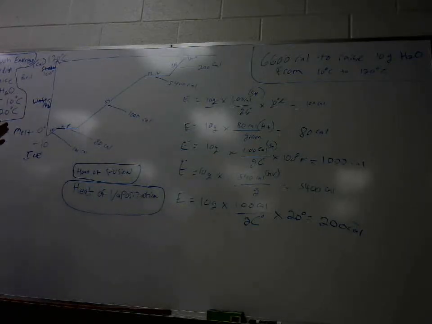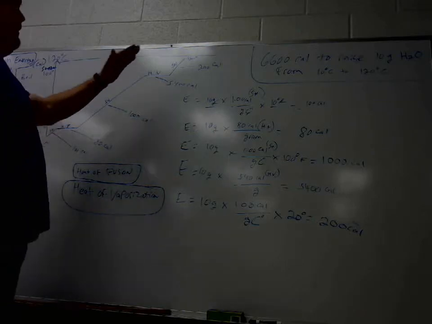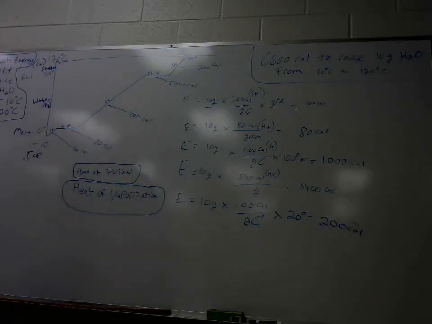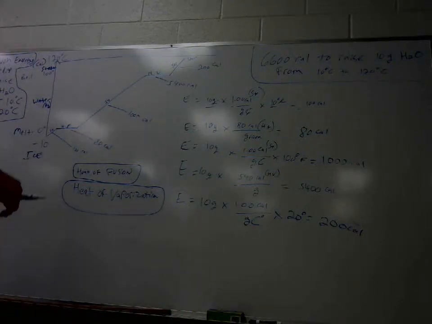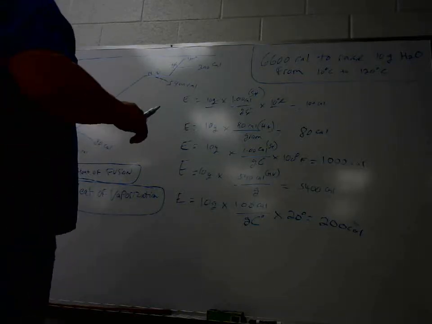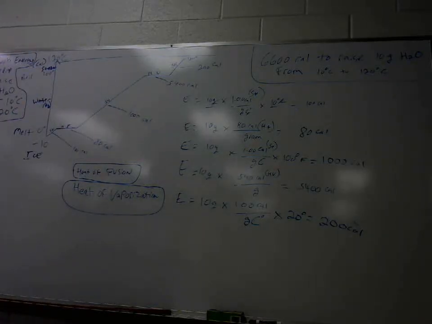I have seen several students working on this heating curve. And with the exception of water, if it was a different substance and they were asking you to do that, you would need to know the melting and the boiling point. It's different for alcohol, it's different for ethanol, it's different for cough syrup, it's different for gasoline.